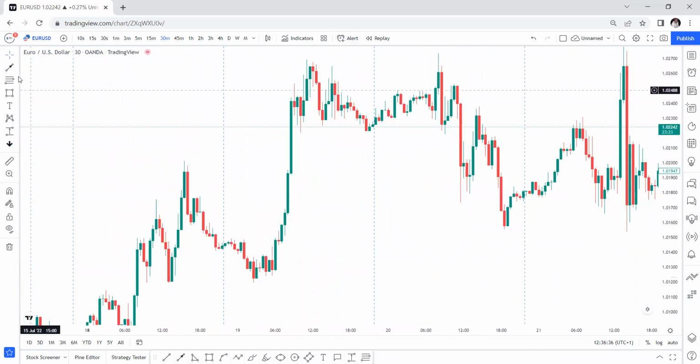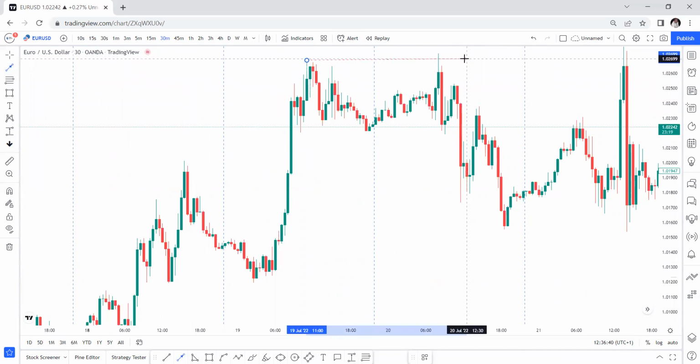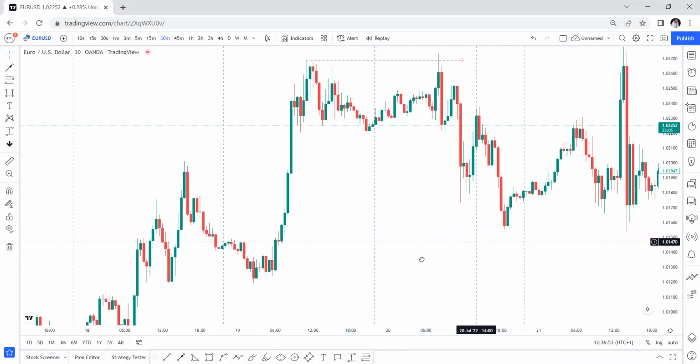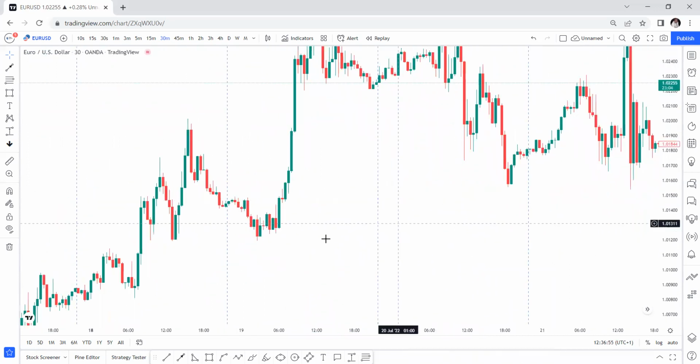Then you quickly got a kind of sweep of liquidity here. So this is AMD, accumulation, manipulation of the previous Monday high. Then Tuesday starts descending down. Right? That's Tuesday.